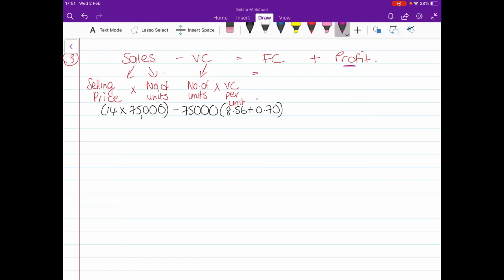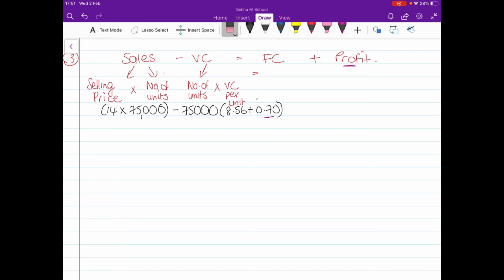In this question it's not based on a percentage, so we're leaving the sales commission at 70 cent. Just bear that in mind when you're doing a different question. So 75,000 multiplied by 8.56 plus 0.7.